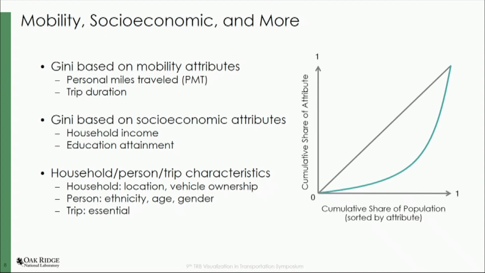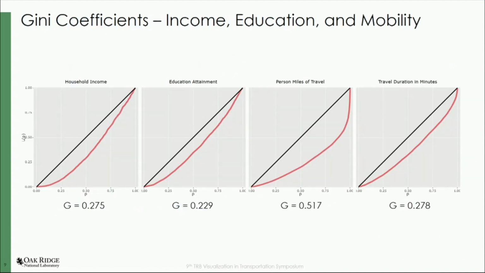Again, this is the Gini index, and it's calculated based on this curve. So we'll be doing that. Just a very broad overview of what these may look like. I'm showing 4 graphs here: on the left is household income, and then educational attainment, person miles traveled, and travel duration in minutes.